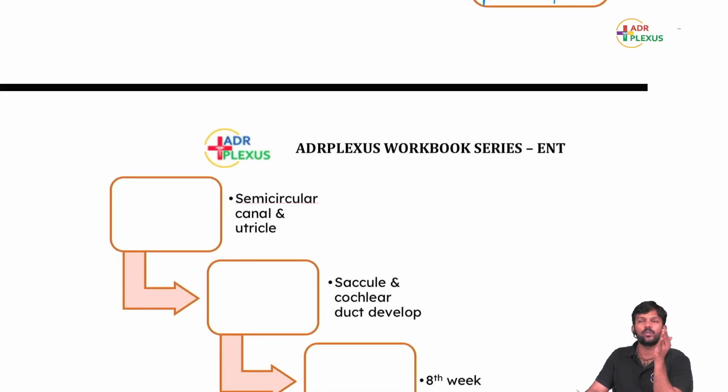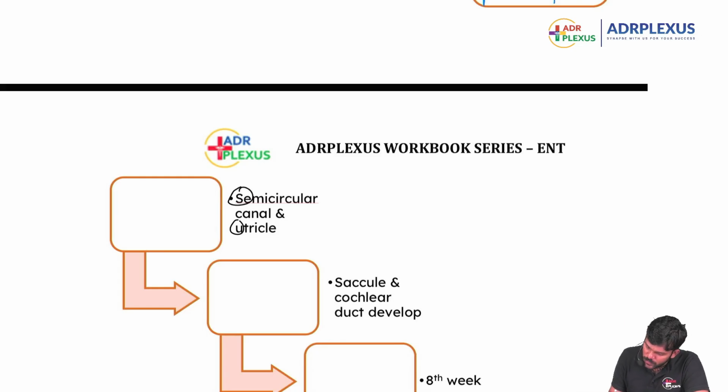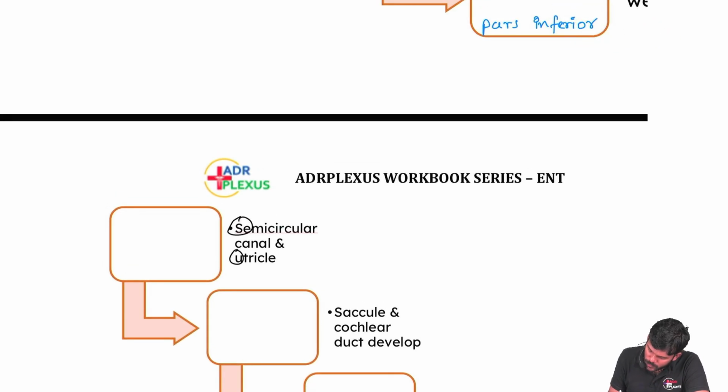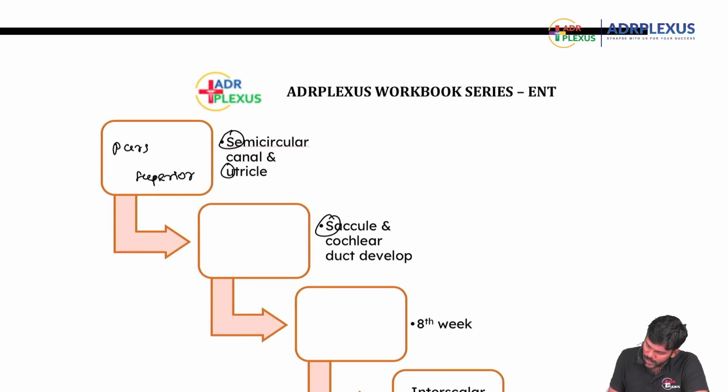Now the otic vesicle slowly distinguishes themselves into pars superior, pars inferior. The pars superior distinguishes themselves into semicircular canal and utricle. The pars inferior, saccule and cochlear duct.